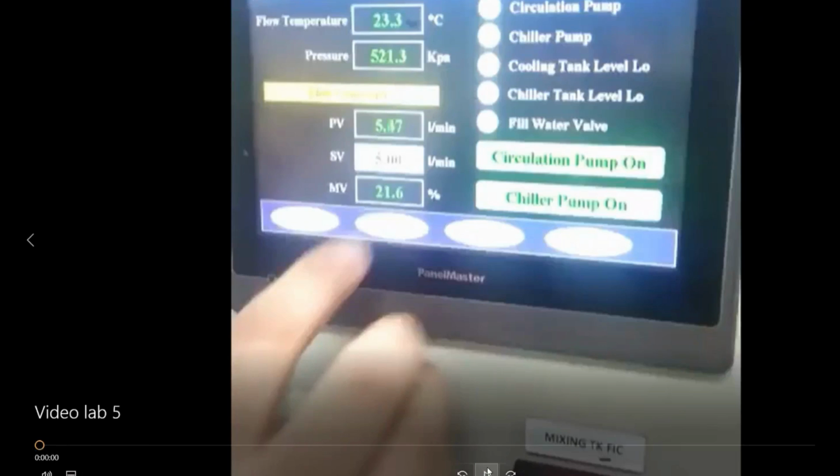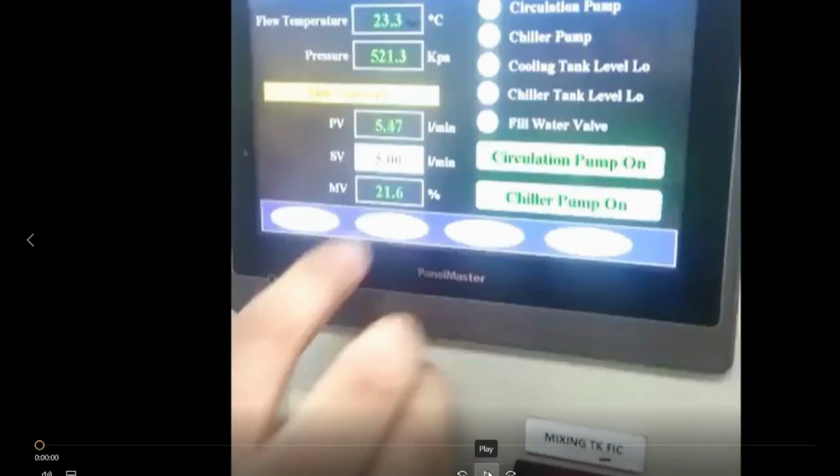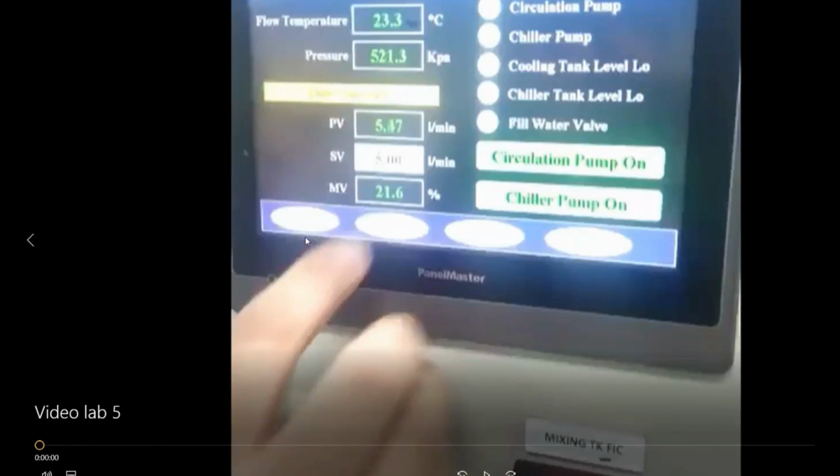To set the parameters according to the tank: if you want to set the parameters for the boiler tank, just click the boiler tank button on the screen. The same goes for the mixing tank and the cooling water tank.